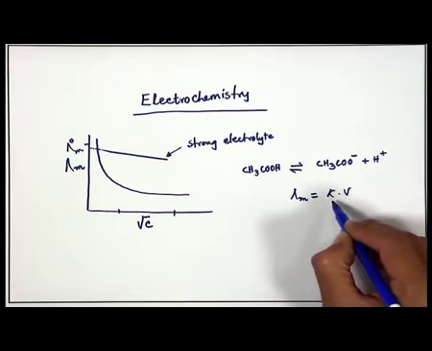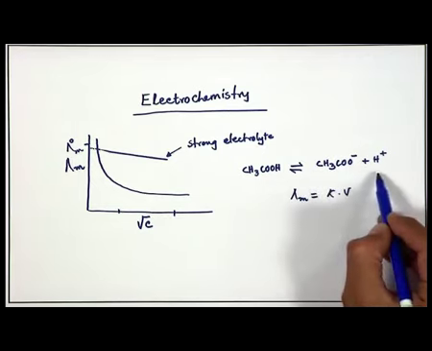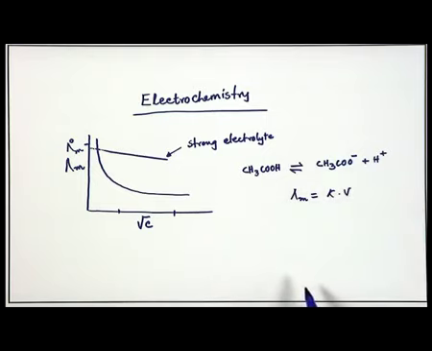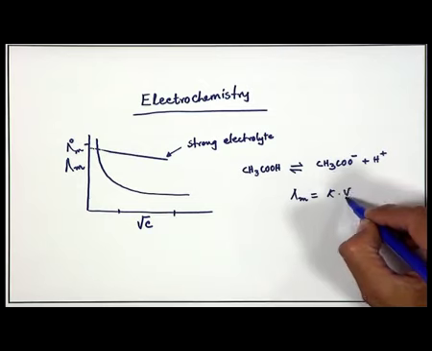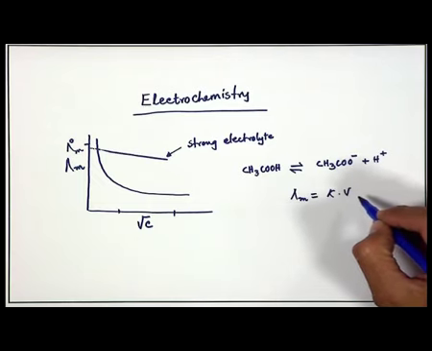But on top of this, an additional thing comes into the picture, which is the extent of dissociation, or the degree of dissociation. So, when you dilute, in addition to the increase of volume, there is an additional term which superimposes onto this effect, and that is the extent of dissociation. So, the extent of dissociation increases.